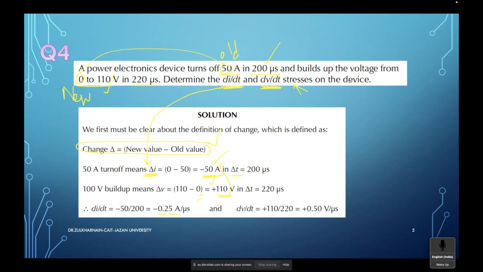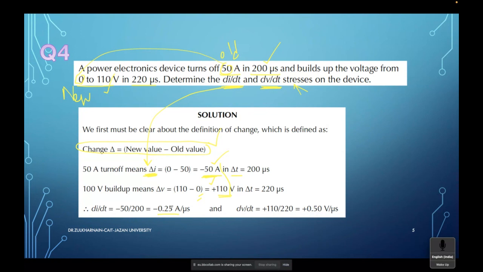Then in the second case, dv by dt, you have already found the change in voltage, but here you have to divide by the change in time. The change in voltage is 110, and the time is 220. Divide by this, you get 0.5 volts per microsecond.